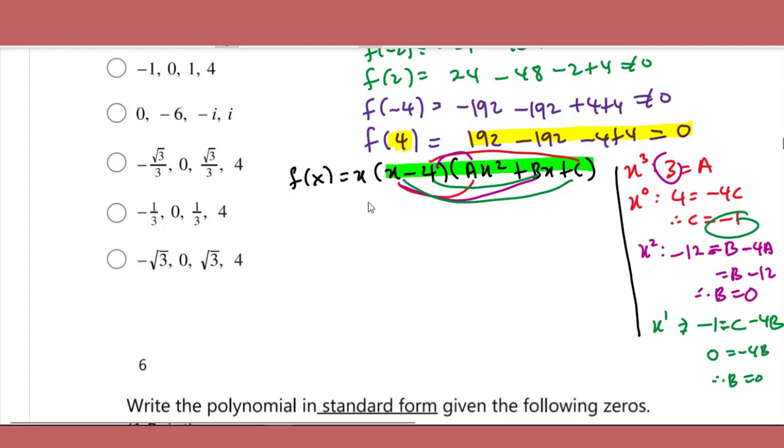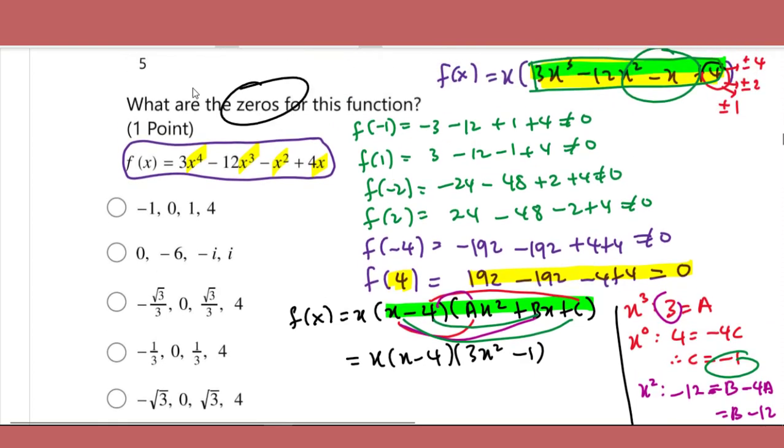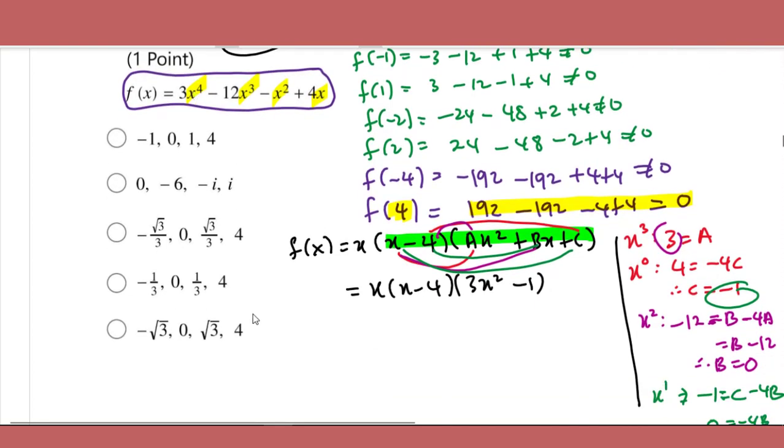Then substitute into (x - 4): a equals 3, so 3x^2, b is 0, c is negative 1. Now we find the zeros. x equals 0, x equals 4, and 3x^2 minus 1 equals 0, so x squared equals 1 over 3, and x equals plus or minus square root of 1 over 3.